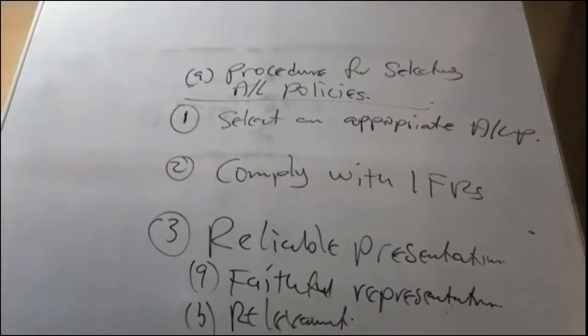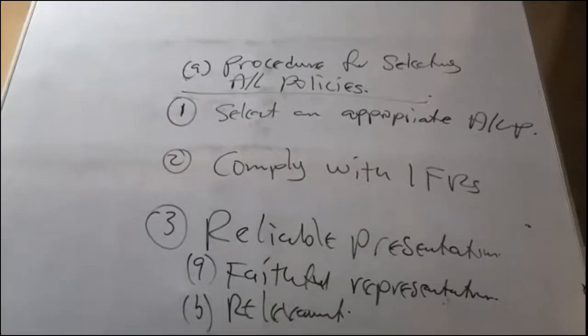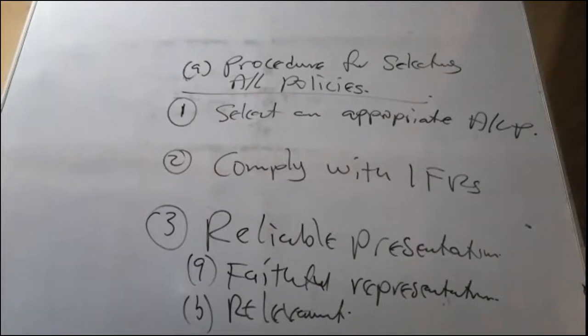So let's see the accounting treatment for a change in accounting policy. Now, a change in accounting policy must be accounted for retrospectively. That's the first point. Account for the change as if the new policy has always been there.